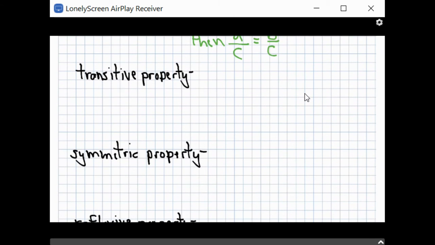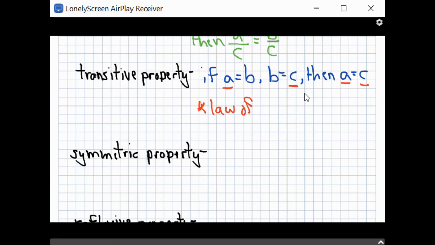All right, so the transitive property says something like this: if A equals B and B equals C, then A equals C. You might recognize this from the law of syllogism, basically saying A is the same as B and B is the same as C, so then you could just jump from A to C. So this is a lot like the law of syllogism, but it's called the transitive property, in that it transfers along B to connect A and C. At least that's how I think of it.